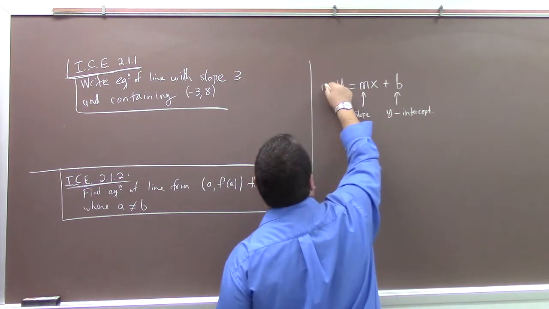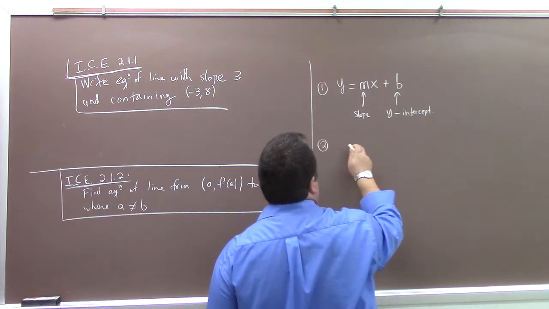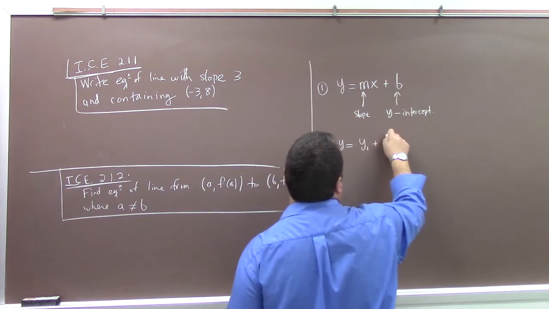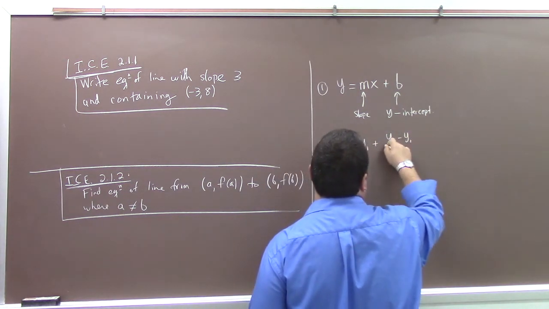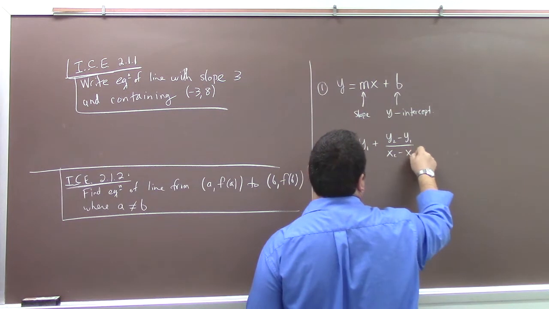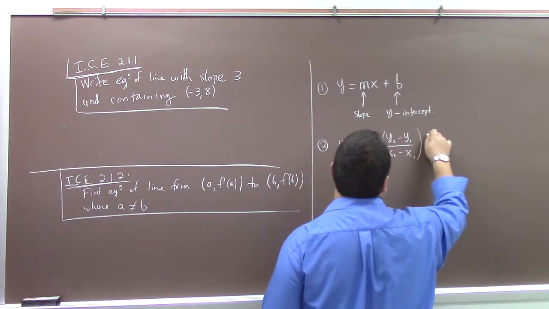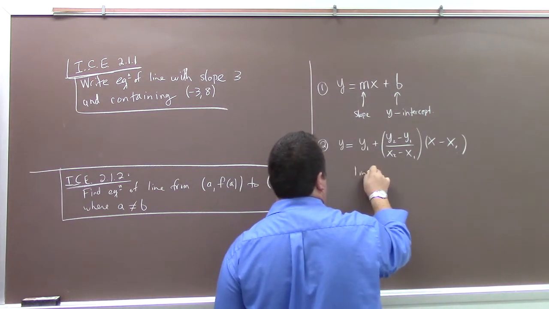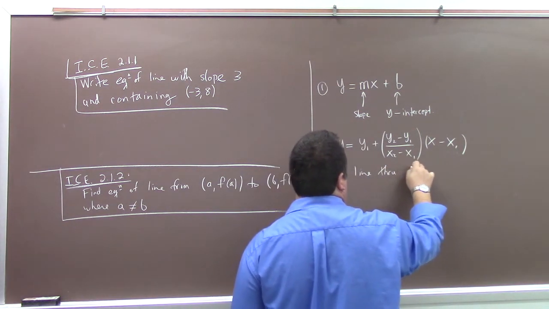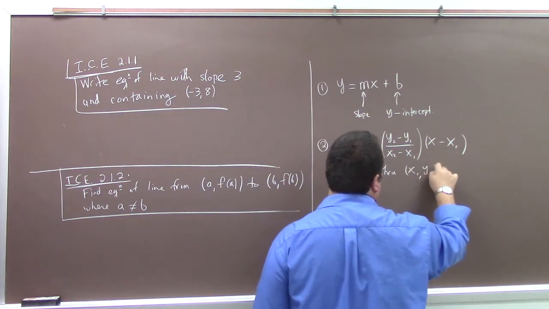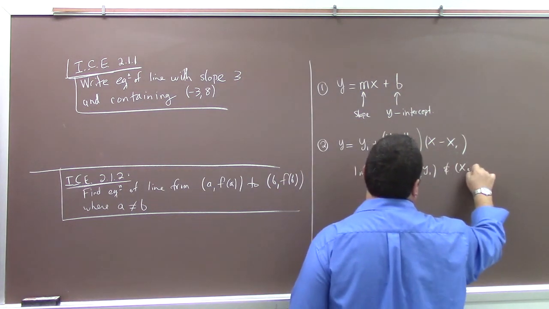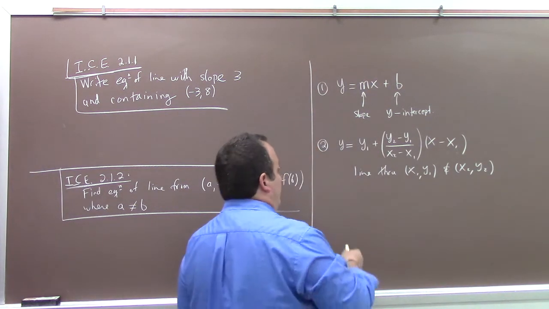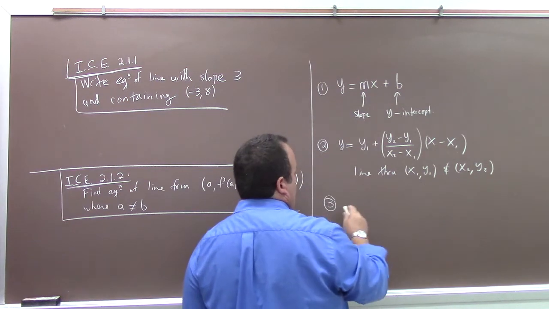Or I can use the 2-point formula. This is the line through. It's a so-called 2-point formula for a line. And then the third flavor option is point slope.